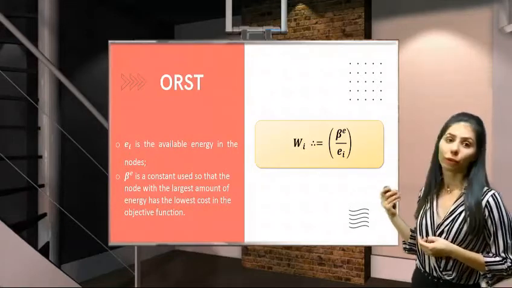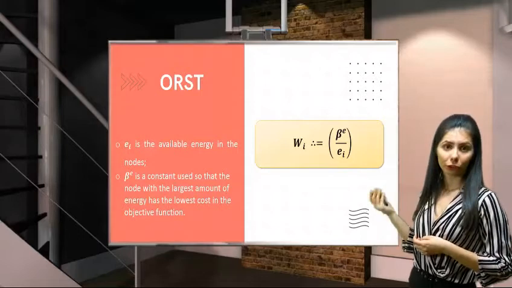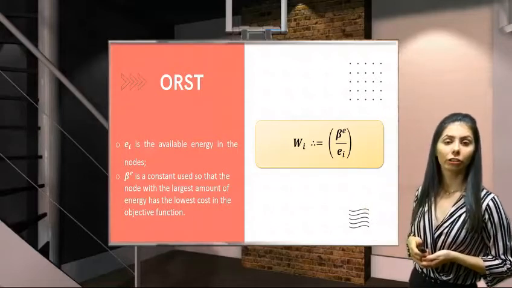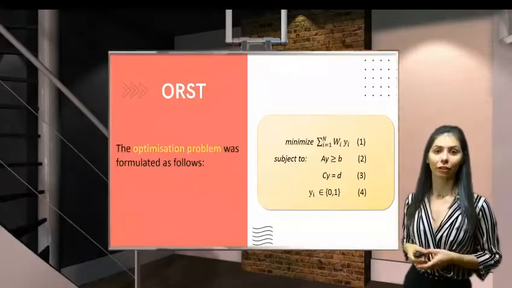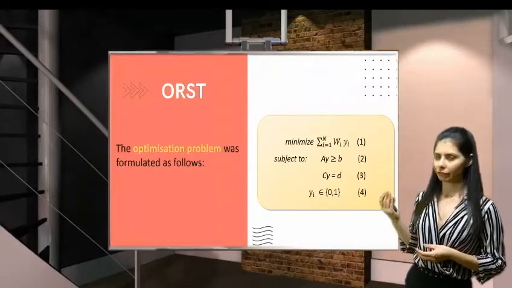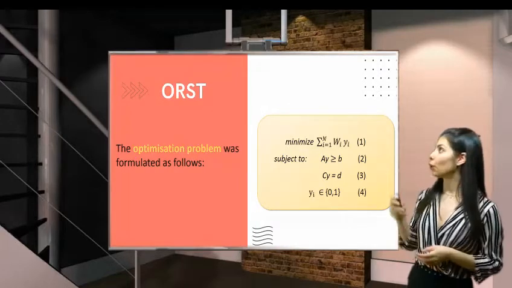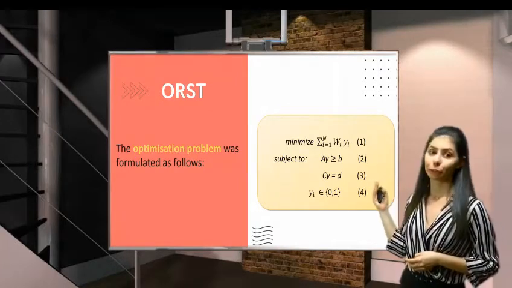Each node will calculate its objective function value and send this information to the coordinator node. The coordinator will receive the objective function value of each node and solve this optimization problem.